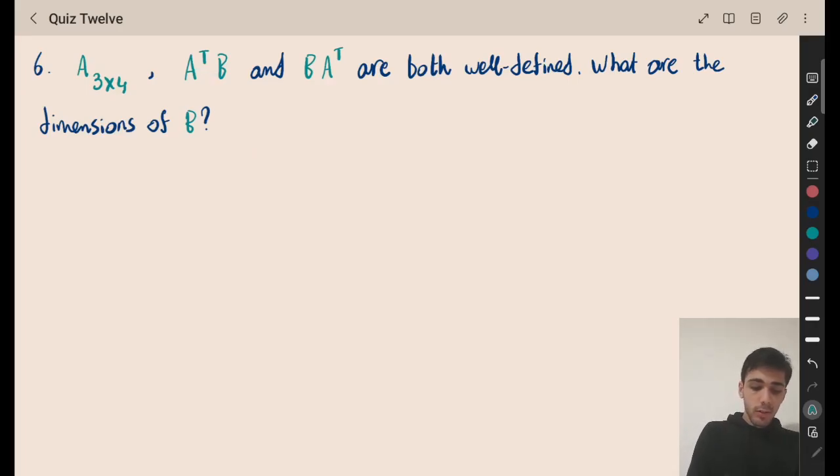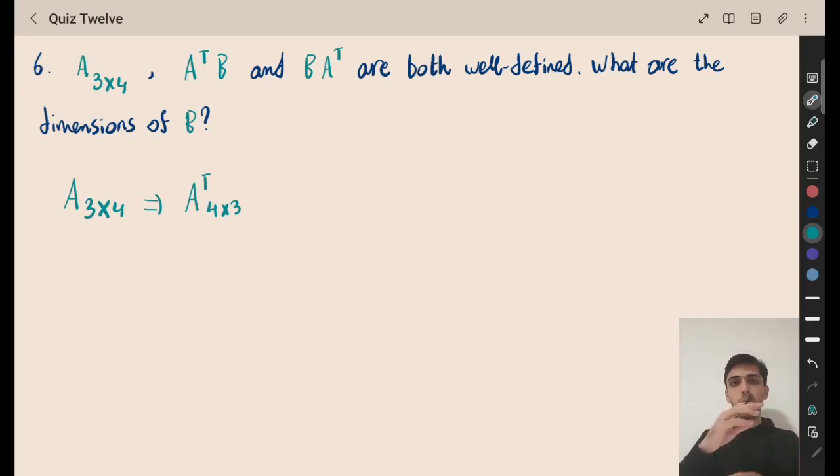First off, if A is a 3 times 4 matrix, then it has 3 rows and 4 columns. Then A transpose has 4 rows and 3 columns, because you transposed it. Transpose is where you put the columns in the place of the rows, and the rows instead of the columns.